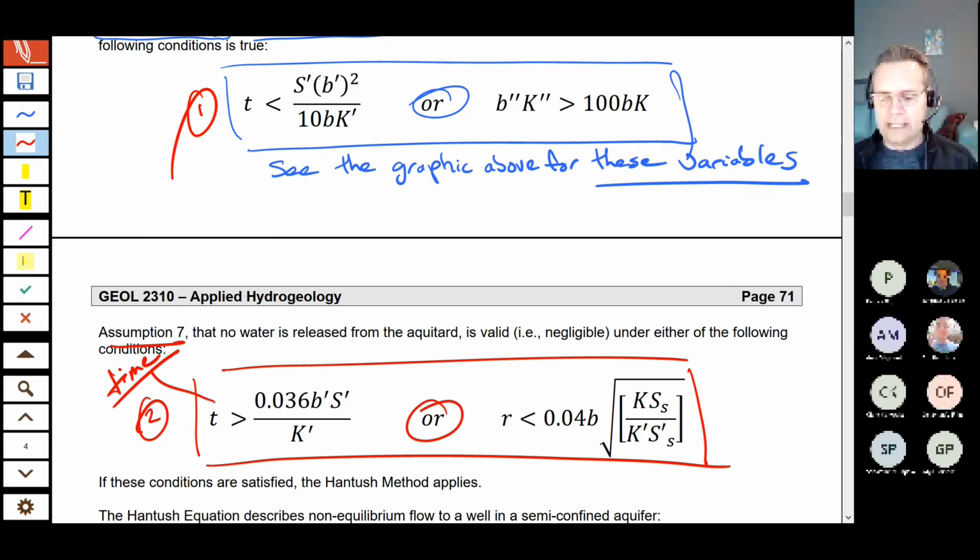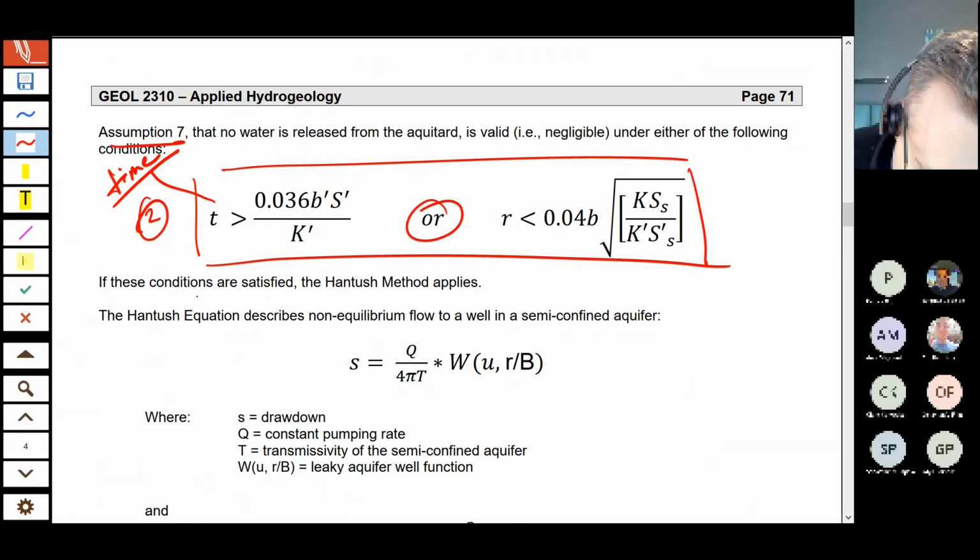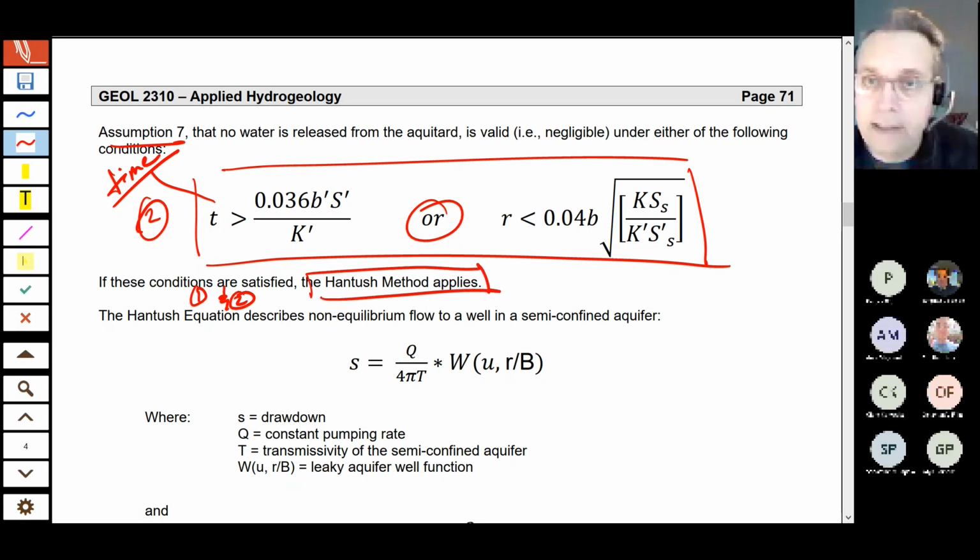It's a bit of a rigmarole to get the final results, but that's the way it is. So long story short, if conditions 1 and 2 are satisfied, the method applies, and you can go ahead and get your results.